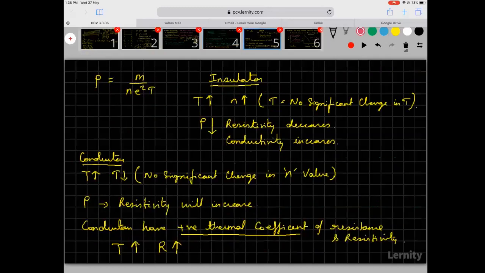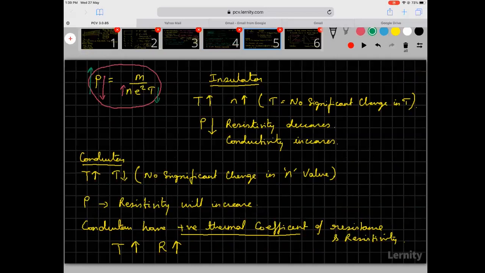If you have an insulator or semiconductor and you increase temperature, this value increases. If this value increases, this will decrease. Why? The denominator is increasing. While for a conductor, when you increase the temperature, this value is decreasing. So what will happen to the resistivity?